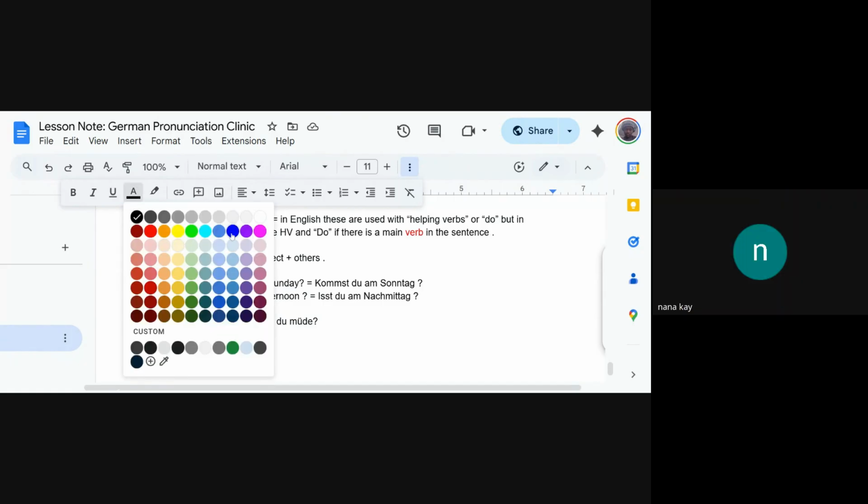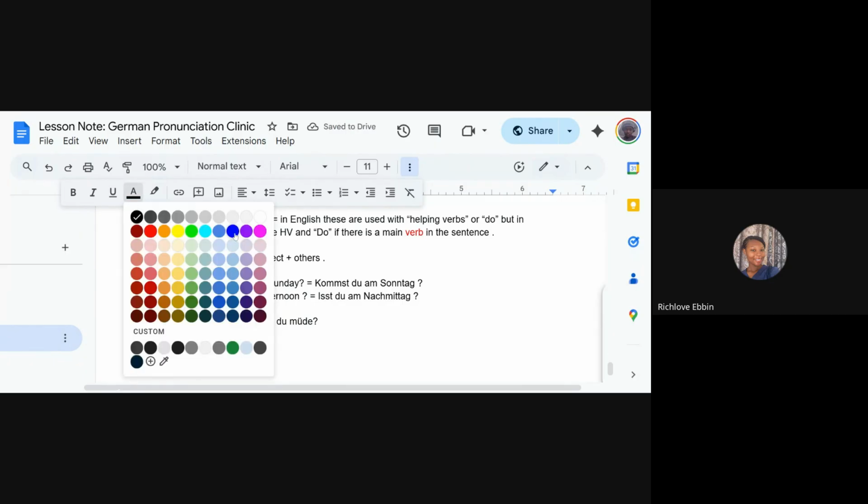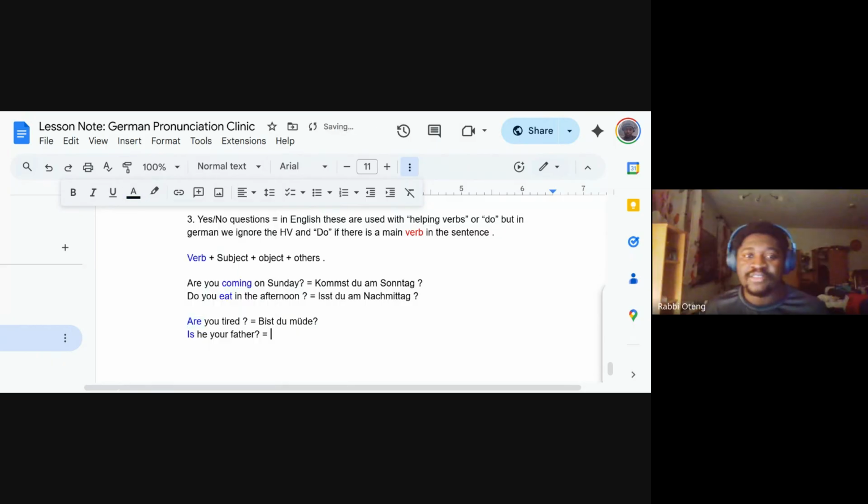Is. That means there's no other verb. We only have the helping verb is, and there's no other verb. Then we have to use what? The helping verb. So it's what? Is.